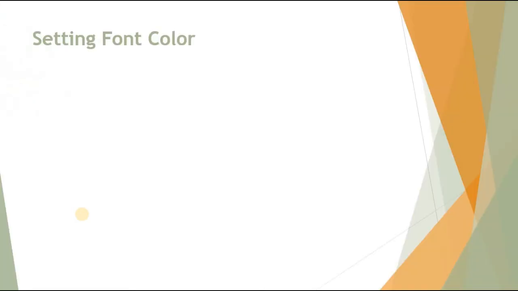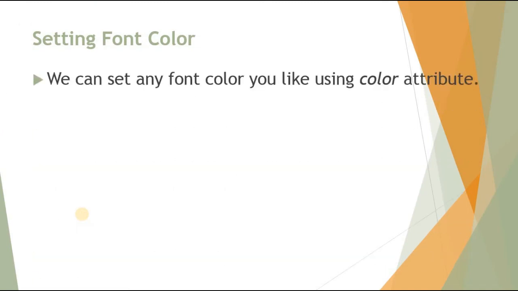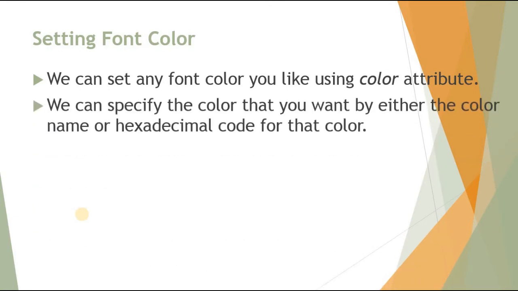Next one is setting a font color. We can set any font color you like using the color attribute. We can specify the color that you want by either the color name or a hex code for that color. We saw in our previous videos that we can set a color by a name, a hex value or RGB values.